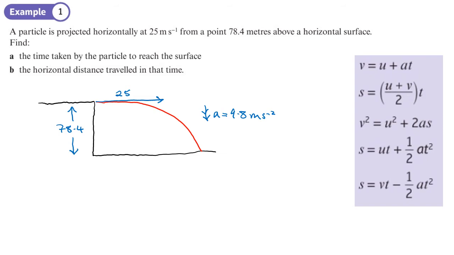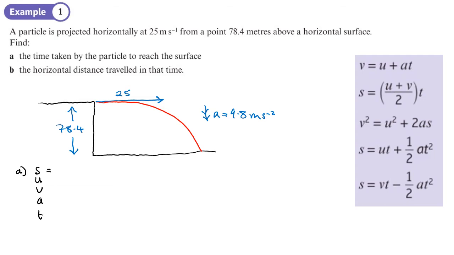So to do part A, we're going to be looking at what's going on vertically, because we know the vertical distance to the surface. We don't know the horizontal distance to the surface. So the first thing I'm going to do is to write out SUVAT and see what we know.